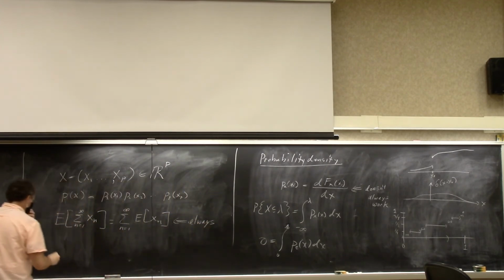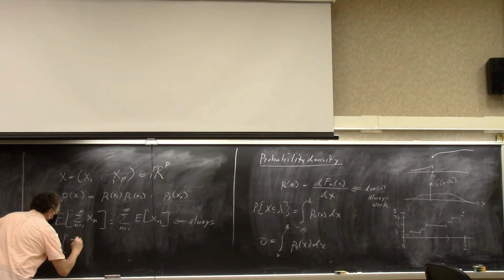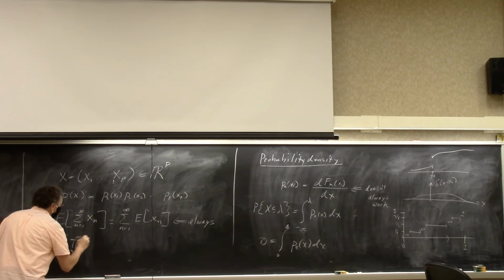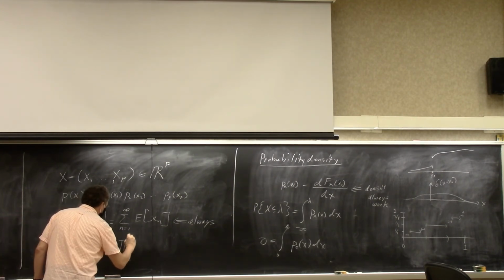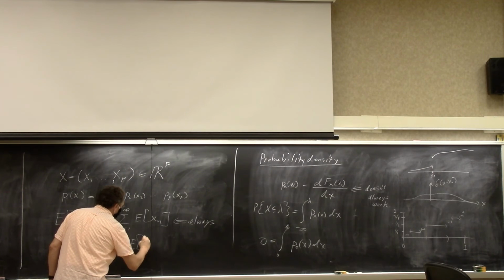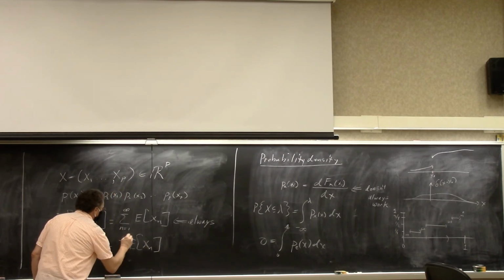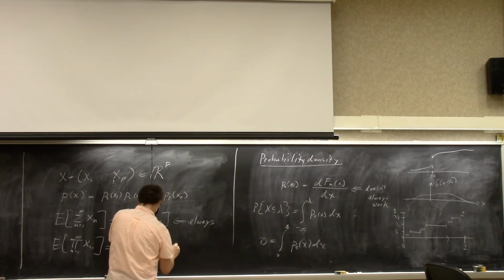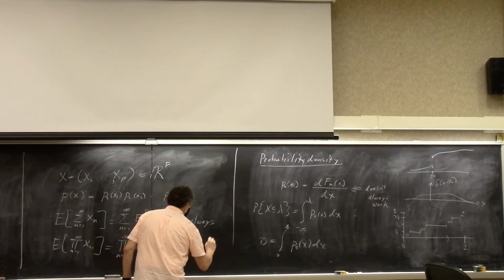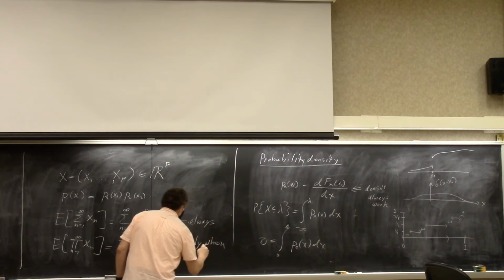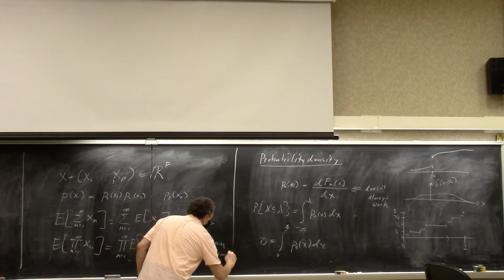But the expected value of the product from n equals 1 to infinity of xn equals the product of the expected value of xn only when the xn are independent.